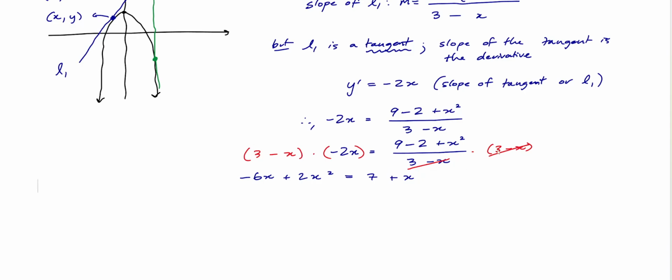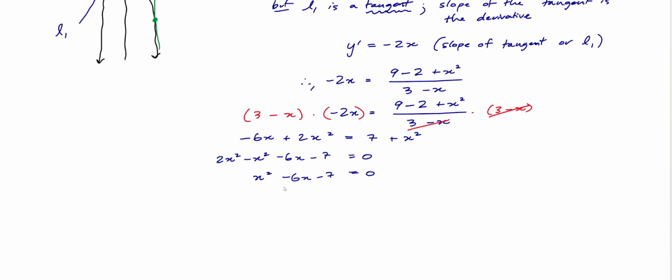I no longer have a denominator, the denominator canceled. I'm going to bring everything over to one side. This is a quadratic equation. So I'm going to say 2x squared minus x squared minus 6x minus 7 is equal to 0. x squared minus 6x minus 7 is equal to 0.